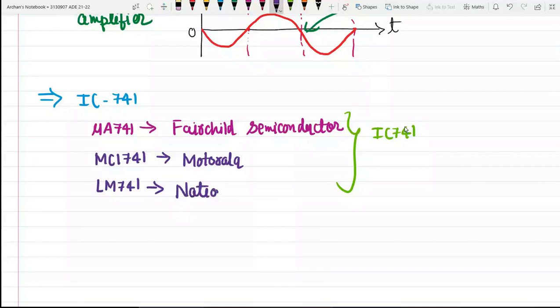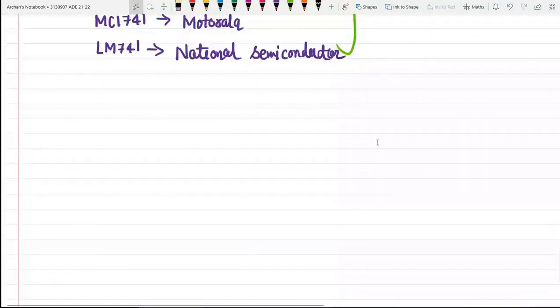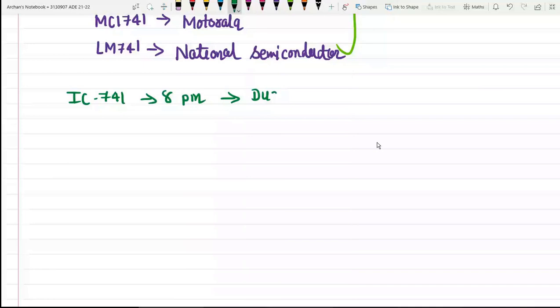Then let us talk about the pin diagram. We all know that IC741 is an 8-pin IC which is available in a dual inline package, known as DIP.